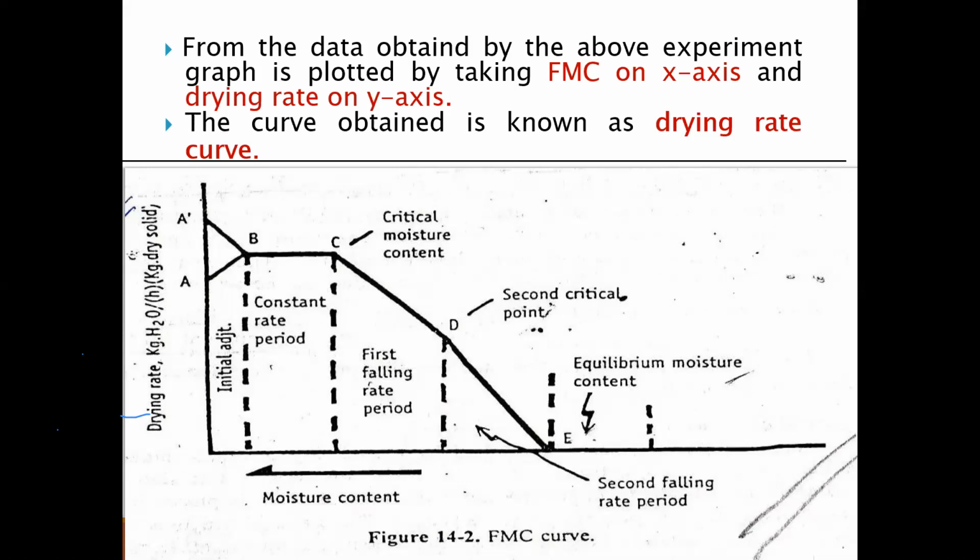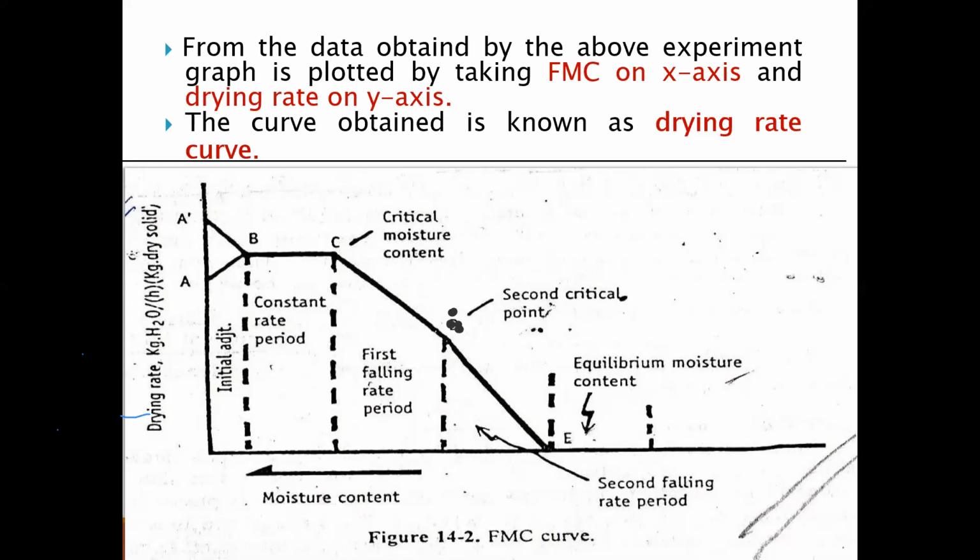Understand? This point is called B. At point B, the temperature is equal to the wet bulb temperature of the substance as well as the dried substance. Understand this? In the next slide we will see it and understand better.